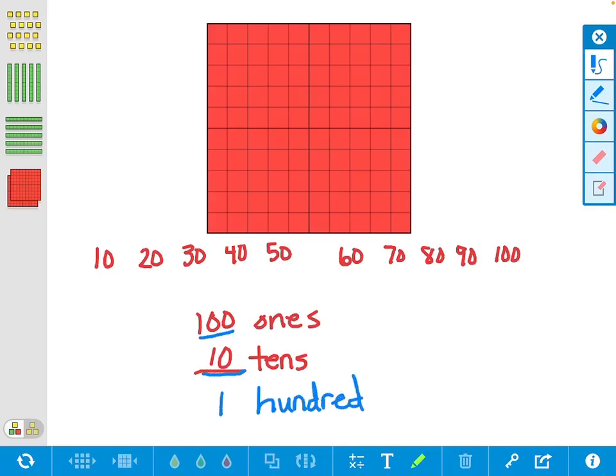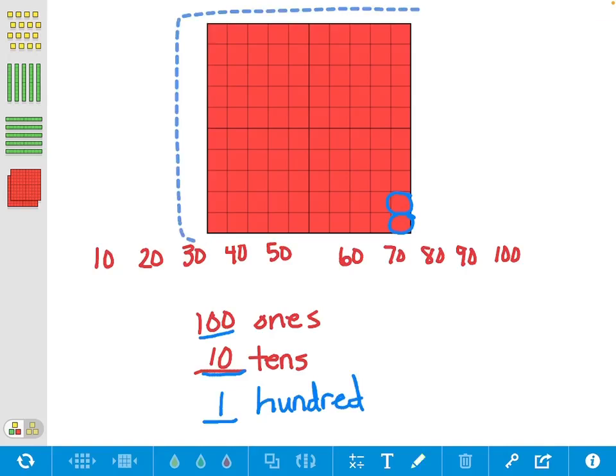A hundreds model simply is a model that has 100 of all these little separate ones smushed together and locked together. So it's 100 ones all locked together. So we have a 100 model, okay? So that's this. It looks like a square.